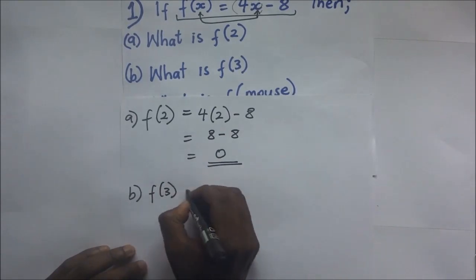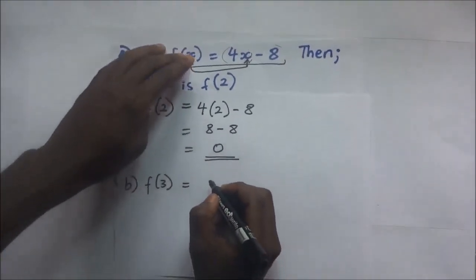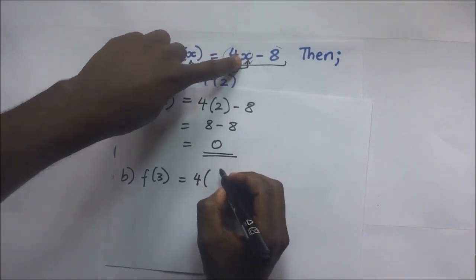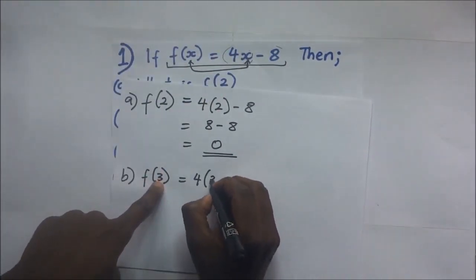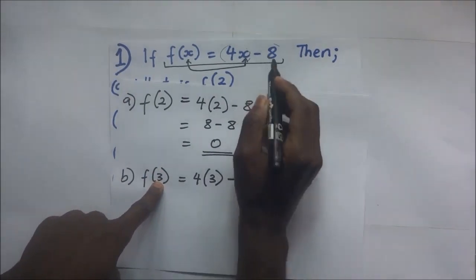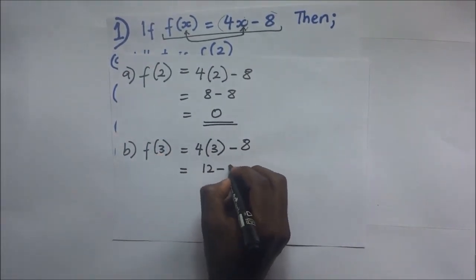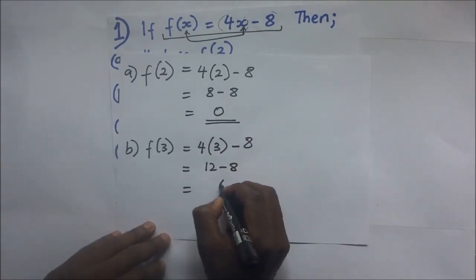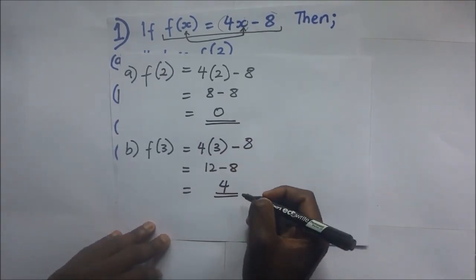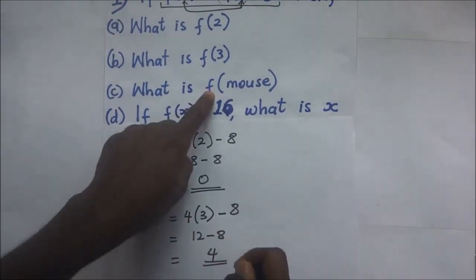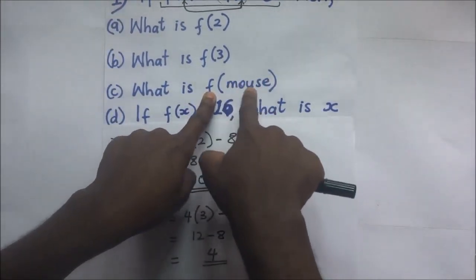F of 3 means that our function is 4 times our value of x. In this case, our value of x is 3 in the brackets, minus 8. This is going to become 4 times 3 is 12, minus 8, and our answer right there is 4. Let's go to part C. Part C asks what is the function where the value of x is mouse.